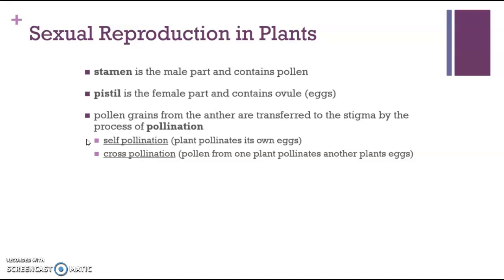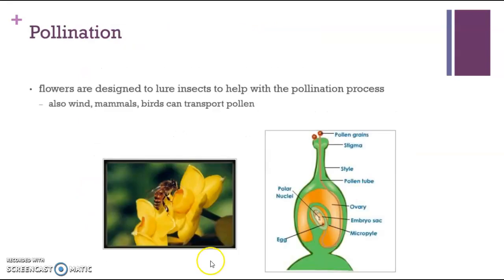Cross-pollination would be where the pollen from, for example, one pea plant is moved, typically by a pollinator like a bee, to a different pea flower and fertilizes that pea flower. It's also important to note that there are non-animal pollinators like wind or even gravity that can cause the pollen to move from one plant to the next plant.